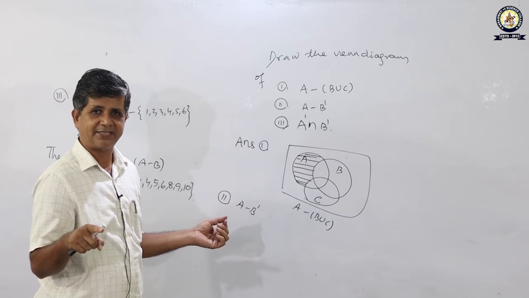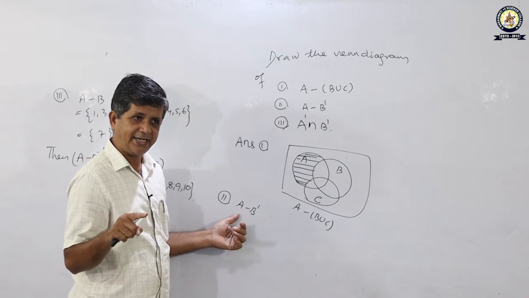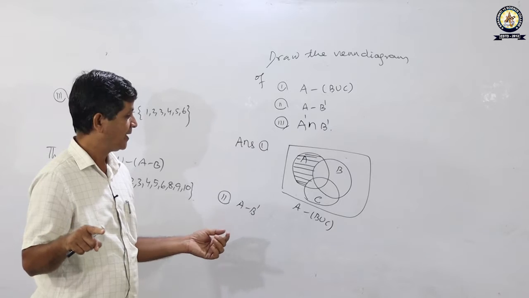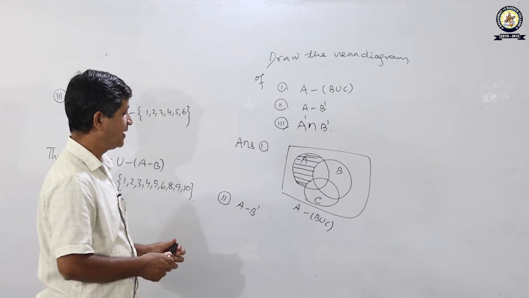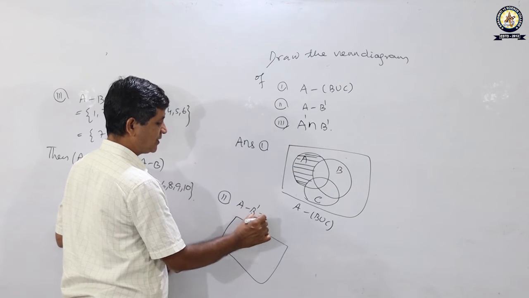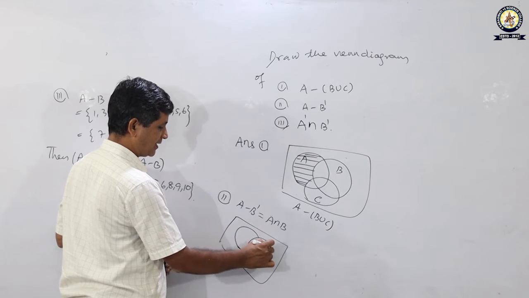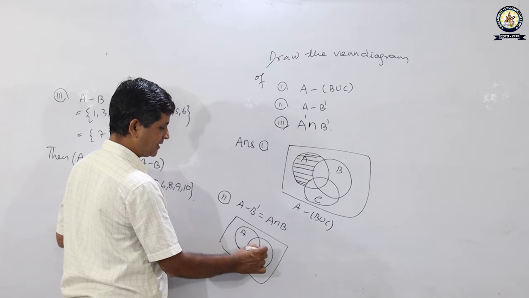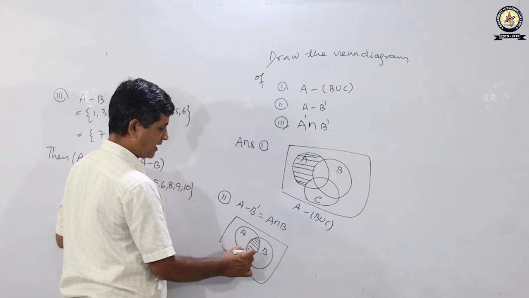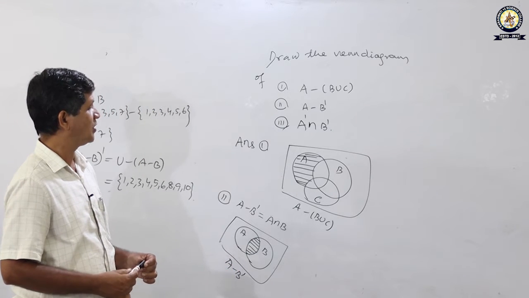If it is not in B dash, then it is present in B. So if the element is present in A and present in B, it is present in both A and B. So it is the same as A intersection B. This is the A set and this is the B set. This part is A difference B dash. Right, this is all about the Venn diagram.